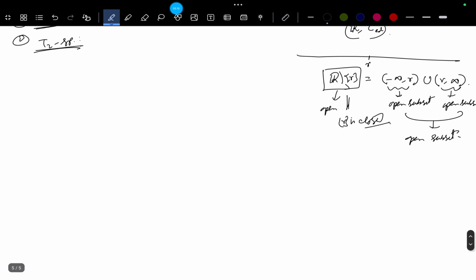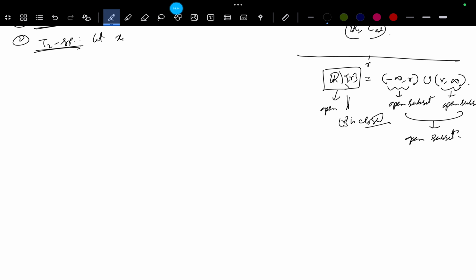Next is something called a T2 space. T2 space means let x1 and x2 belong to capital X, then there exist U_x1 which contains x1 and U_x2 which contains x2, such that U_x1 intersection U_x2 is empty, meaning both open neighborhoods are disjoint, and both have to be non-empty.